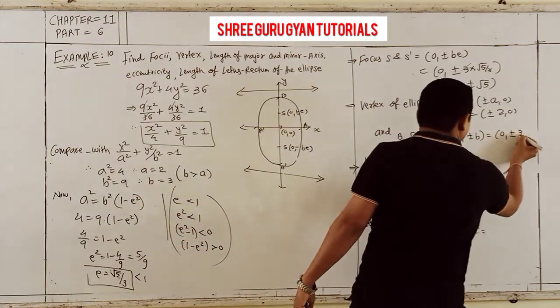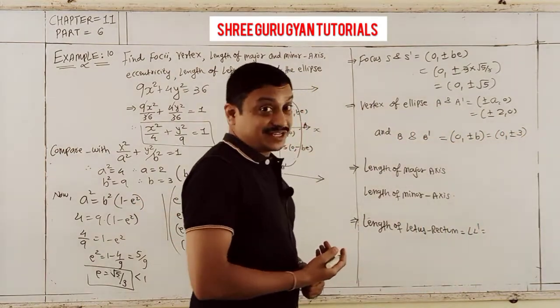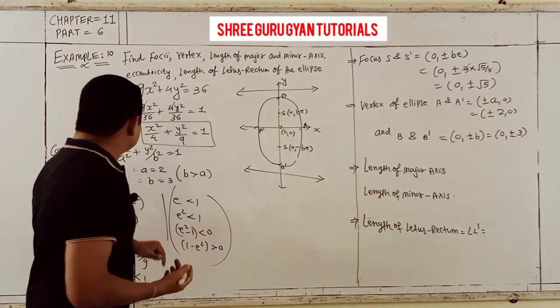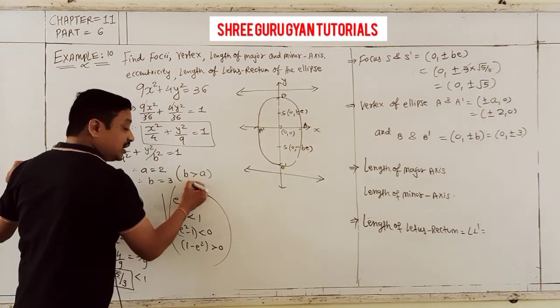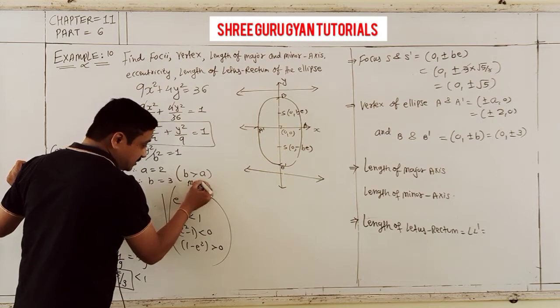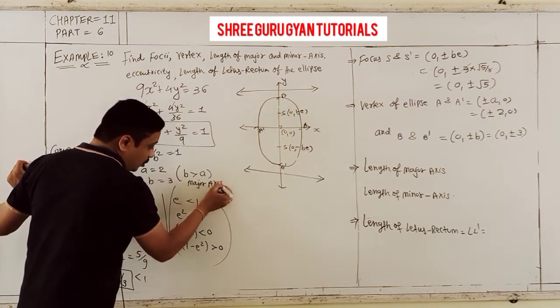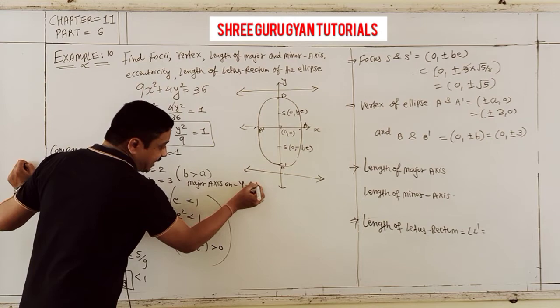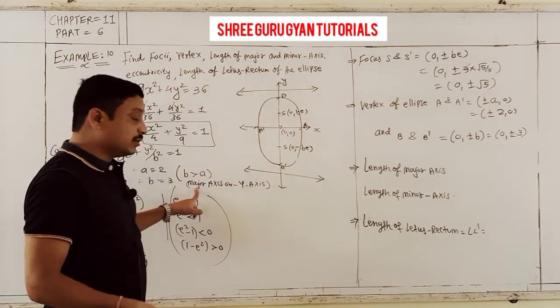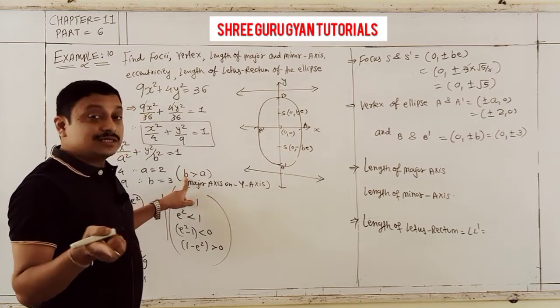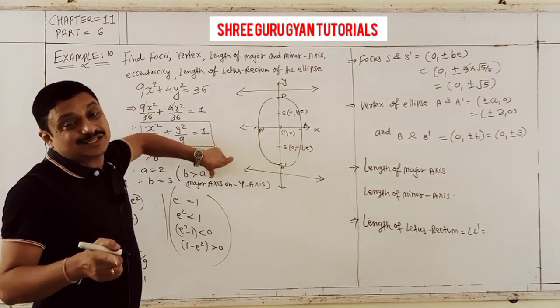That's applied. Now length of major axis. You have written here, what's your major axis? Is a more than b? Just here write down b more than a. So major axis is on the y-axis. Compulsorily you write this down, students. By mistake I have not written it here, but you see it now. Because b is more than a, the major axis is on the y-axis.